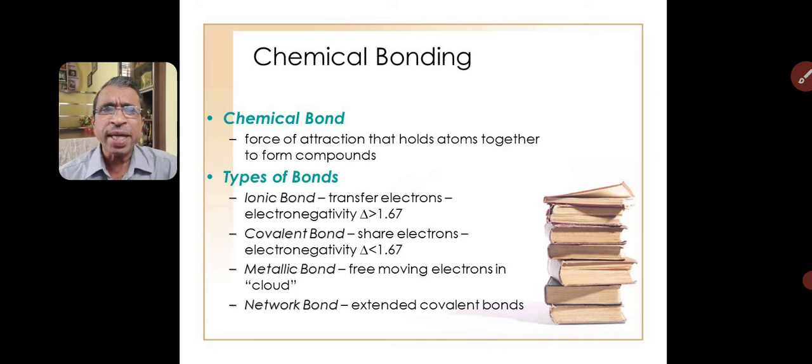If the electronegativity difference between the two atoms is greater than 1.67, then ionic bond is going to be formed. If the electronegativity difference between the two atoms in a molecule is less than 1.67, then it results in covalent bond.